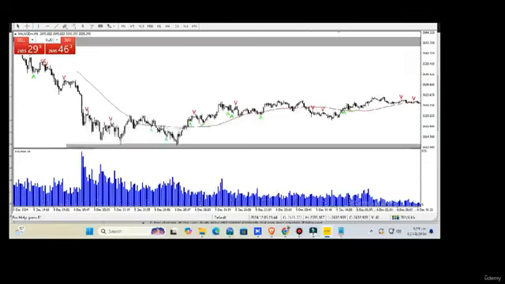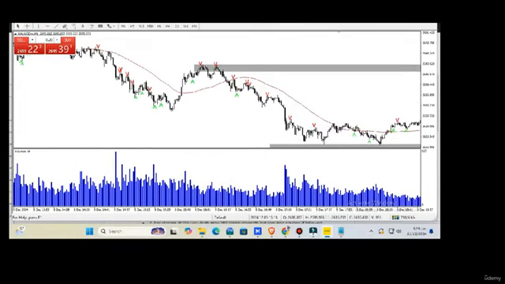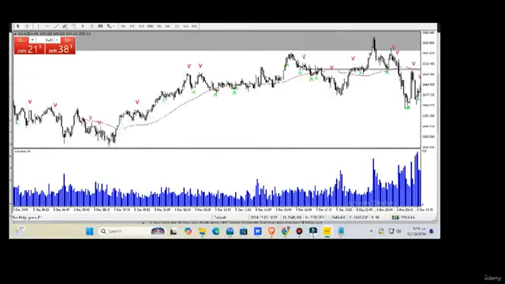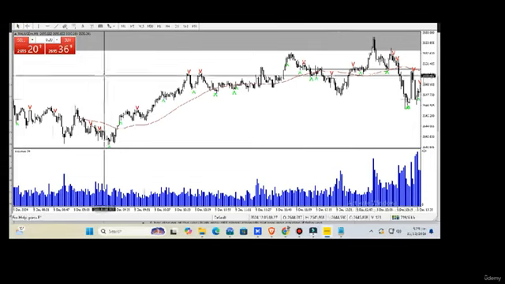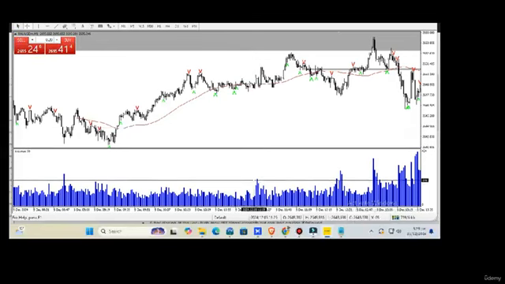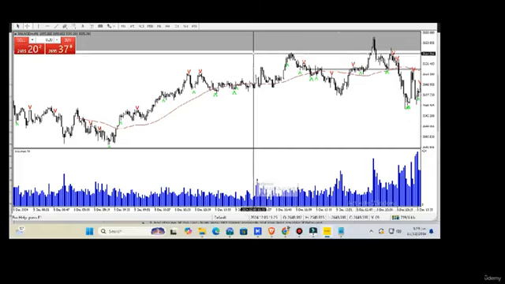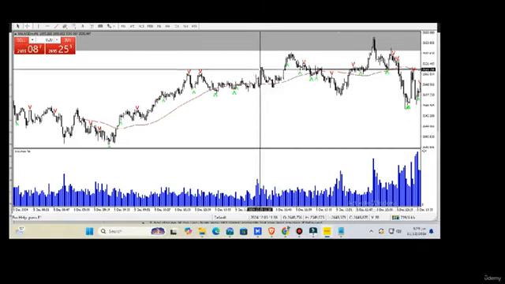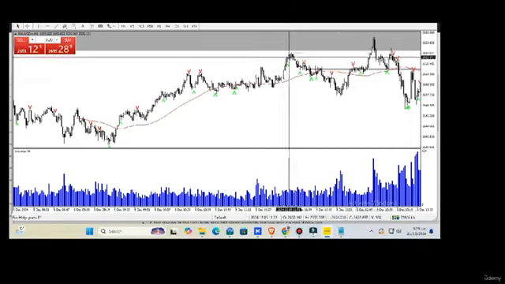Next, if we talk about the buying climax, let's check where we can find it. Here is the volume. Here you can say the market moves upside.